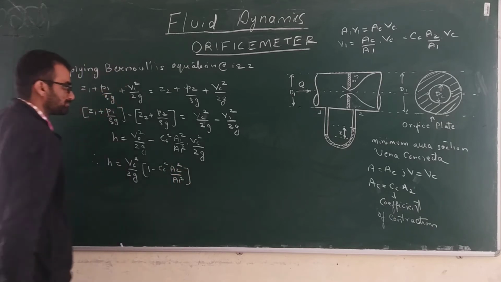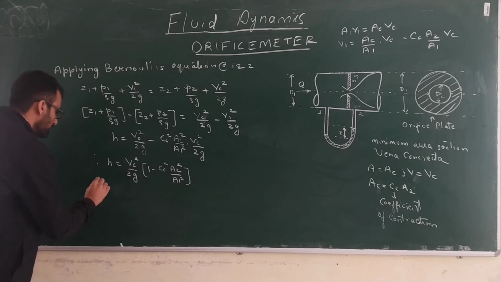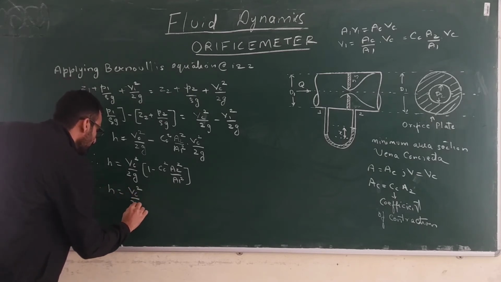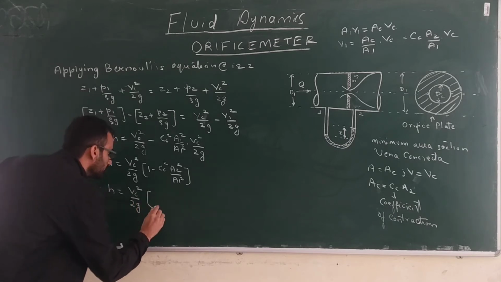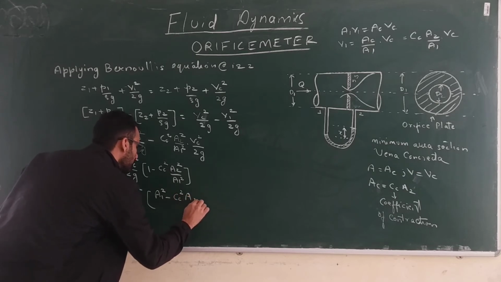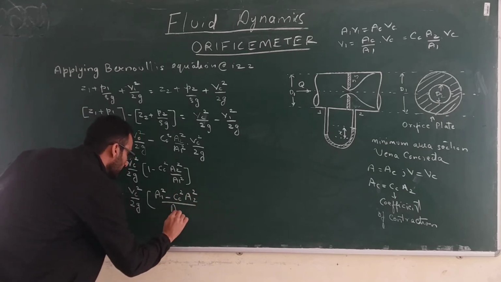Therefore we can write h is equal to Vc square upon 2g into A1 square minus CC square A2 square upon A1 square.